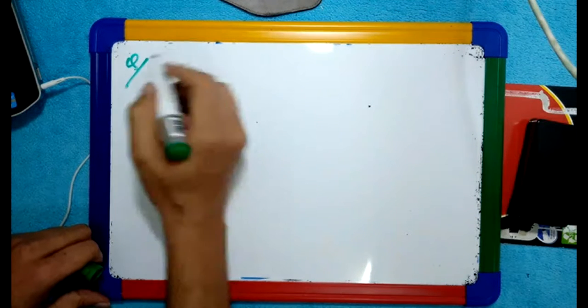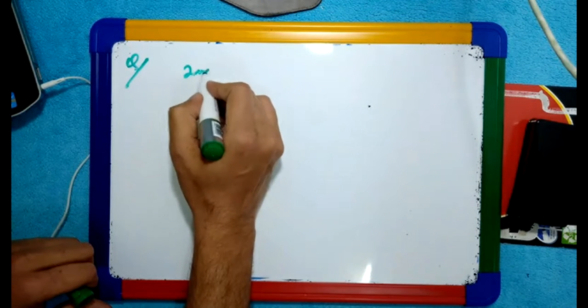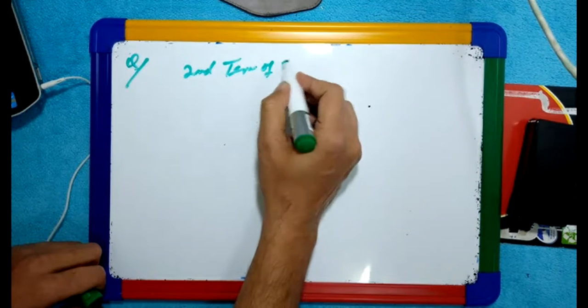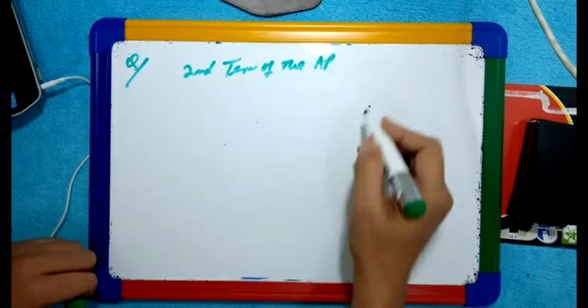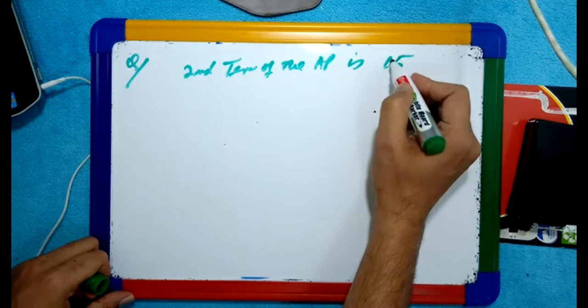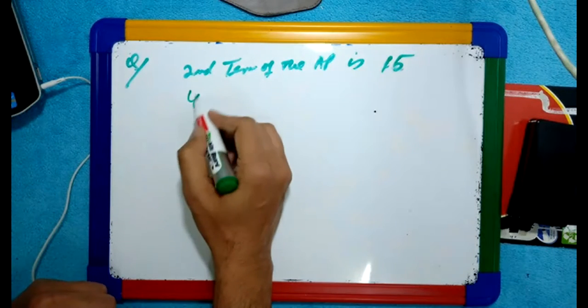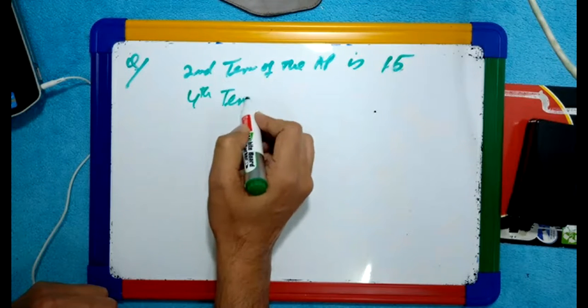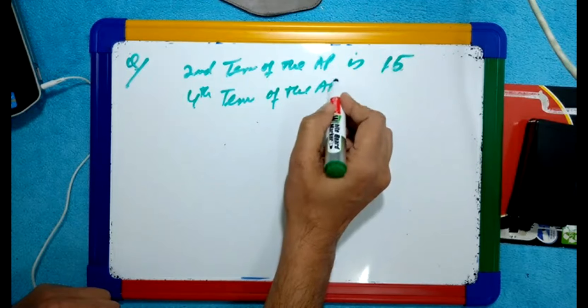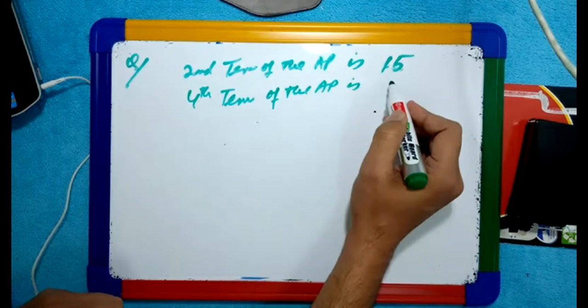So the question will be like this: second term of the arithmetic progression is 15, fourth term of the AP is 35. They give the two terms only.